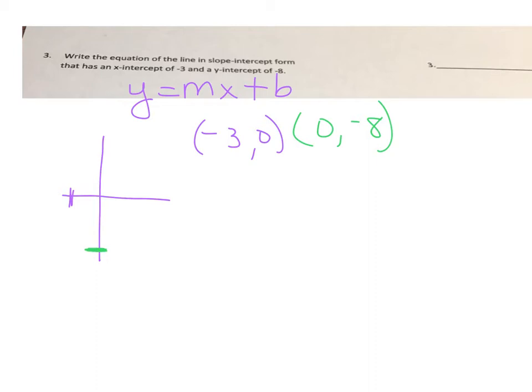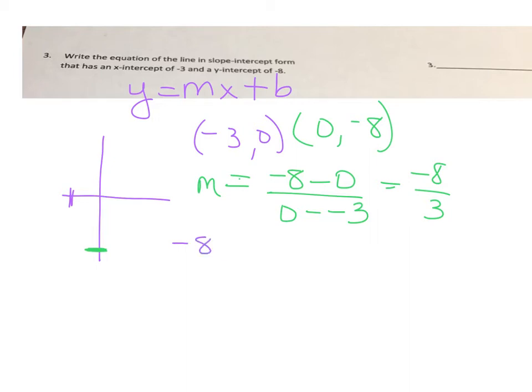First thing I need to do is the slope: y sub 2 minus y sub 1 over x sub 2 minus x sub 1. So I get -8 over 3 is my slope. Now I'm ready to take my slope and one of the points given to me.